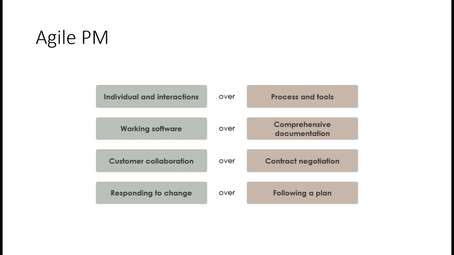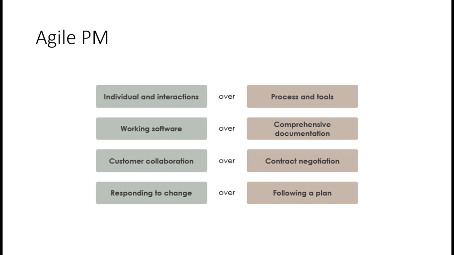And many environments are just too dynamic and unpredictable for that to work. That's why agile project management has become so popular, especially when it comes to software development. So agile is considered as a faster and more collaborative, less bureaucratic approach to managing a project.